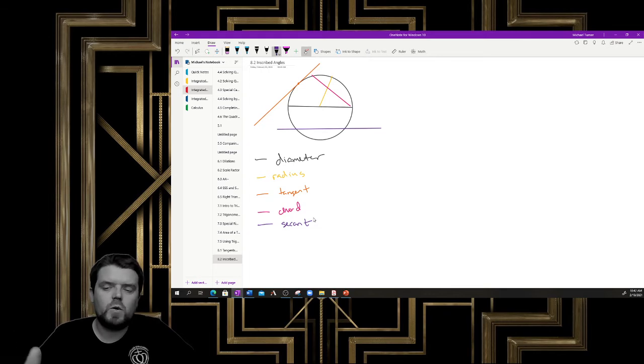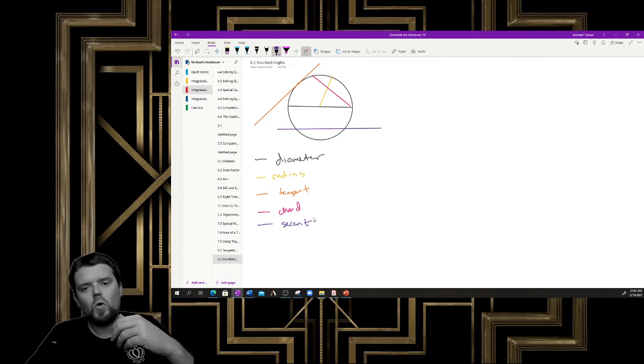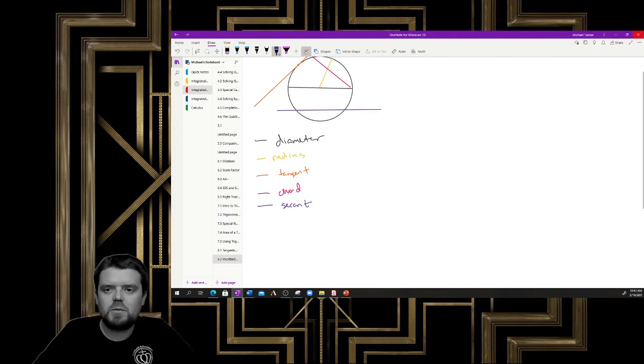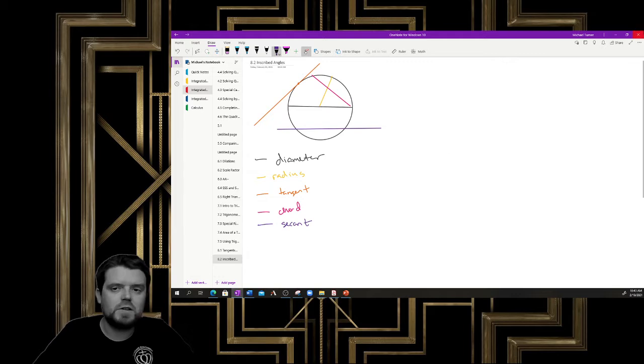A couple of the questions in the notes and in the assignment are going to ask you to define each of those. Now, when we draw lines that are contained inside the circle, we end up with different types of angles. We also want to be able to define these different angle types for this assignment.